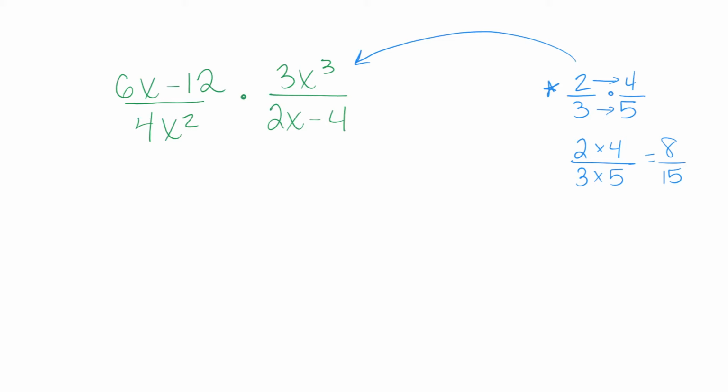We're going to simplify. So if we look at this real carefully, let's start with 6x minus 12. How can we rewrite that? I'm going to factor out a 6, and that's going to leave me x minus 2. In the denominator, I've got this 4x squared. Not much I can do there, so I'm just going to write that, 4x squared.